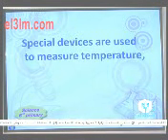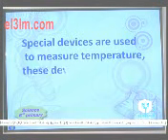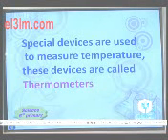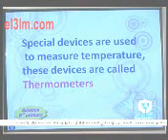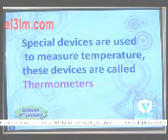Special devices are used to measure temperature. These devices or instruments are called thermometers. There are many types of thermometers, and we will talk about every one of them later. These devices are used to measure the temperature of the body.